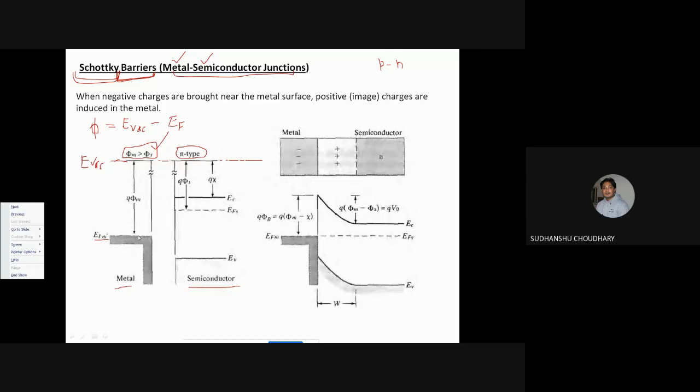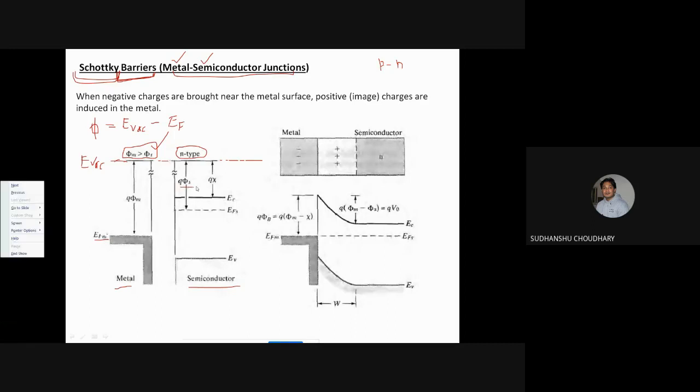That is why we see here that this is my work function energy, q phi m, the difference between the vacuum energy level and the Fermi level. Similarly, for the semiconductor, the vacuum energy level is this, and the Fermi level of my n-type semiconductor is here. The difference in between is my work function energy, q phi s.